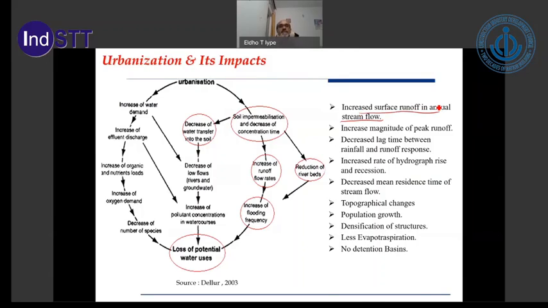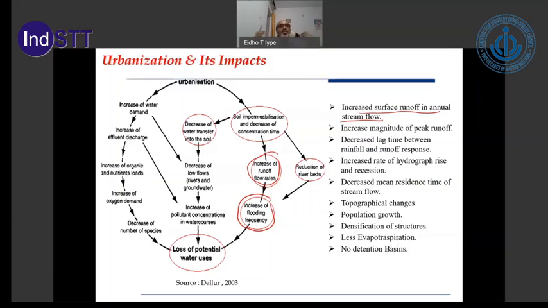That is the output of urbanization. That means soil impermeabilization and decrease of concentration time, and especially in urban areas we can see an increase of runoff. And then in most cities, there can be a reduction of riverbeds, and finally the outcome will be an increase of flooding frequency.